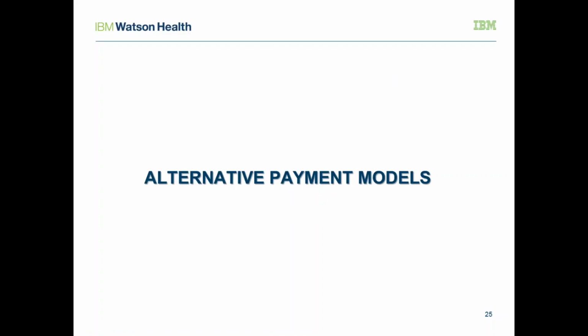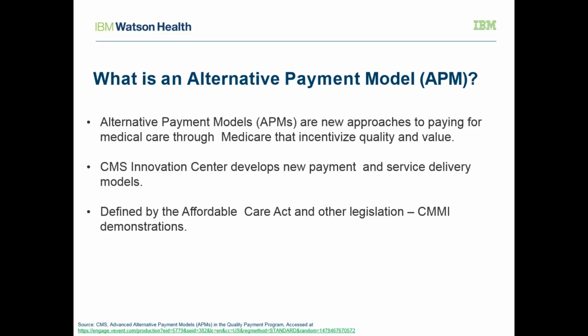So let's go to the next slide. What is an alternative payment model? So very clearly, CMS has defined it as an approach for paying for care. It's a payment model, and of course it has to incentivize both quality and value.